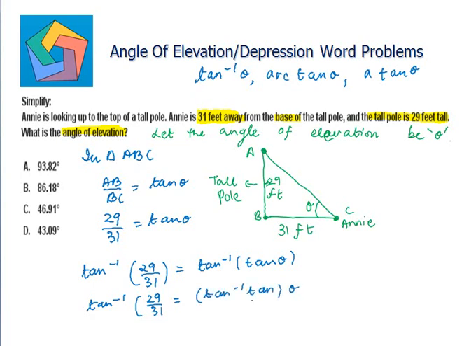Tan inverse times tan is 1. So we can say tan inverse of 29 by 31 is equal to theta.